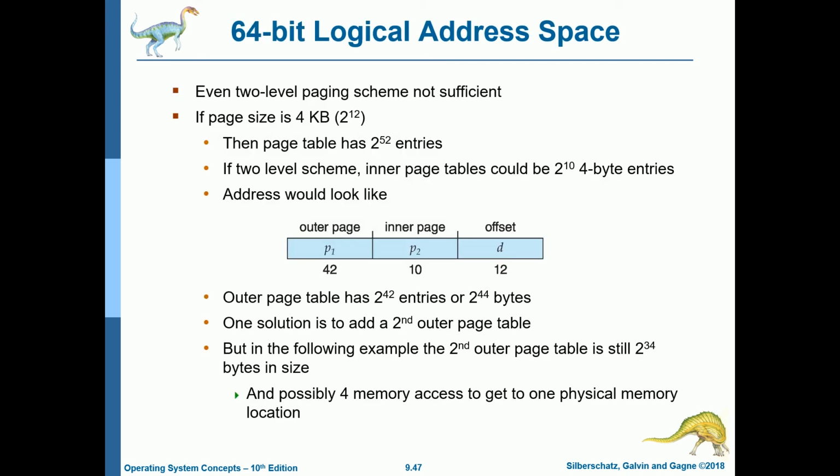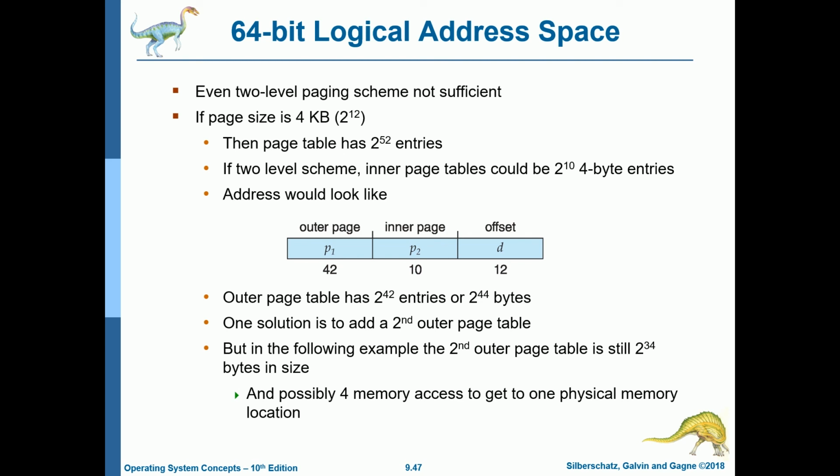Now, for a system with a 64-bit logical address space, a two-level paging scheme is no longer appropriate. To illustrate this point, let's suppose that the page size in such a system is 4 kilobytes. In this case, the page table consists of up to 2 to the power of 52 entries.